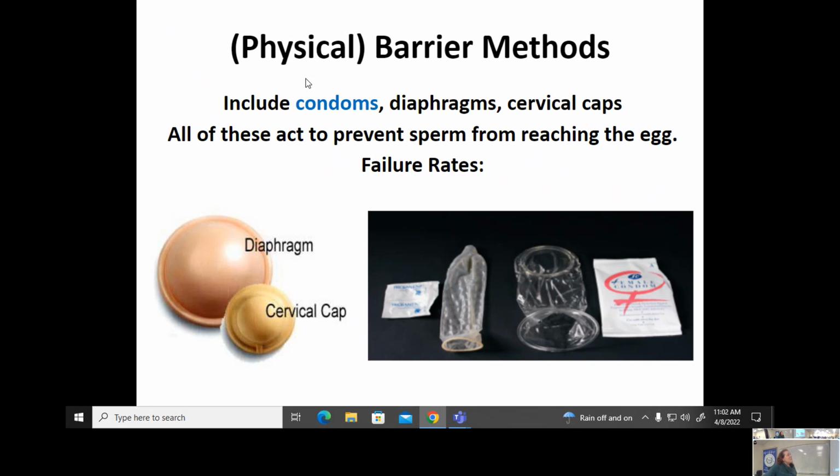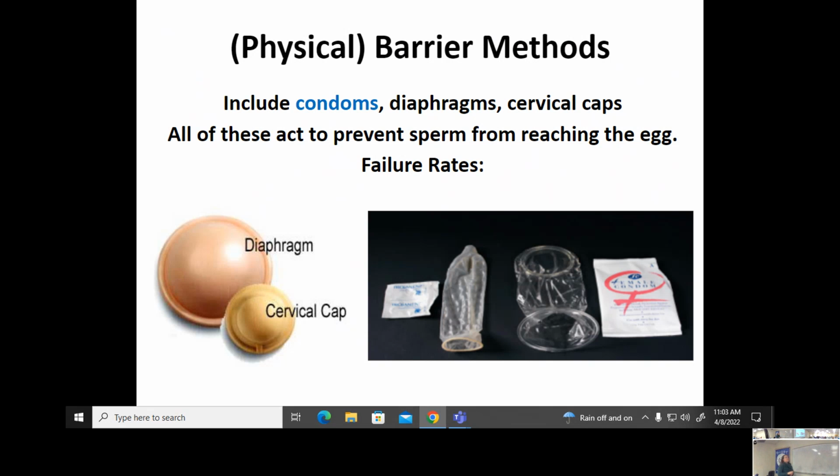And a note to make about condoms is that out of all of these, condoms can reduce STD transmission.